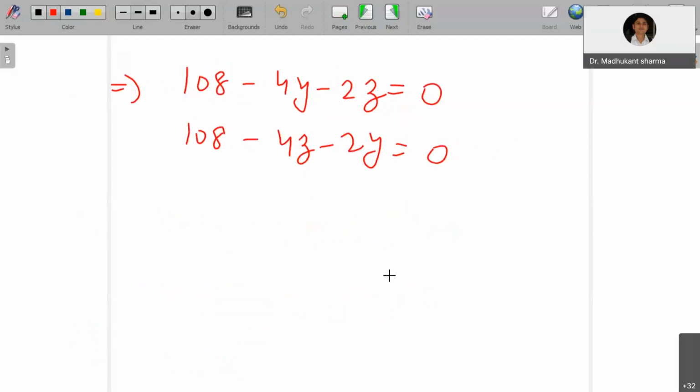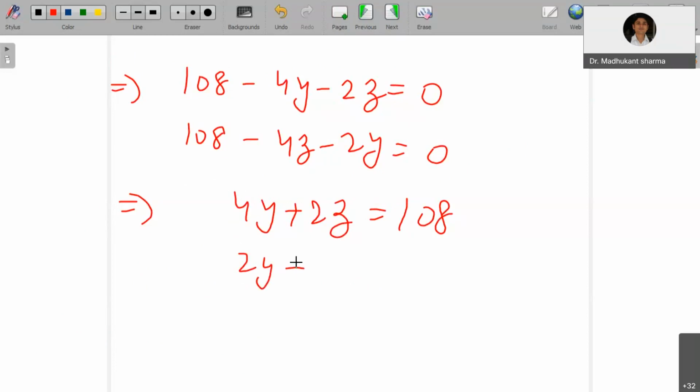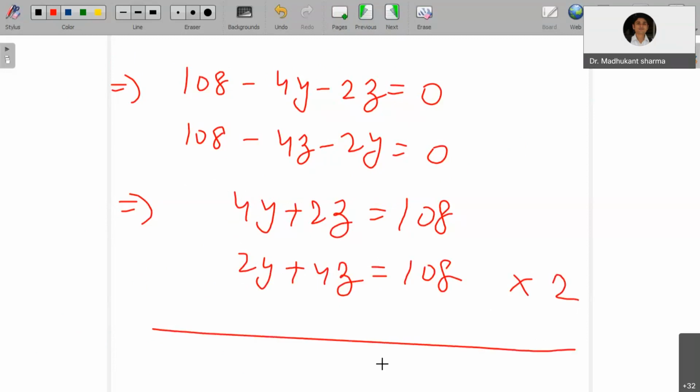Now this is two equations in two unknowns. So again, now you can solve this. So you have 4y plus 2z equals 108, and you have 2y plus 4z equals 108. Now you multiply this by 2 and subtract.